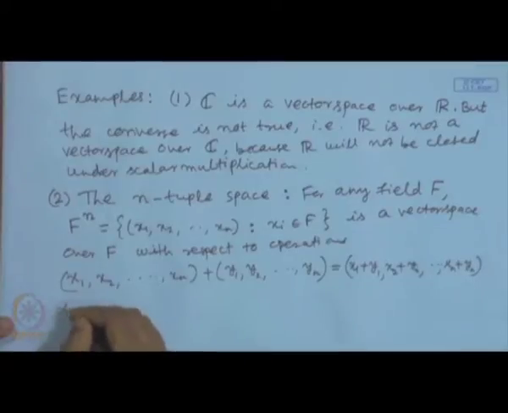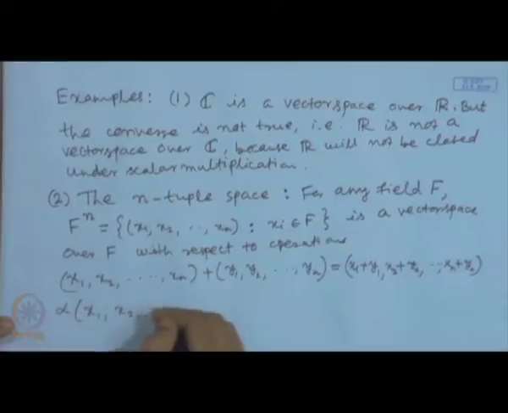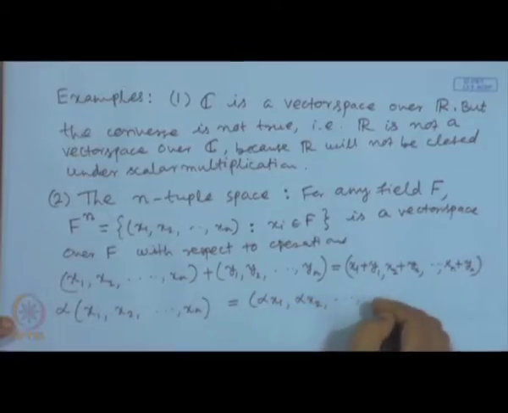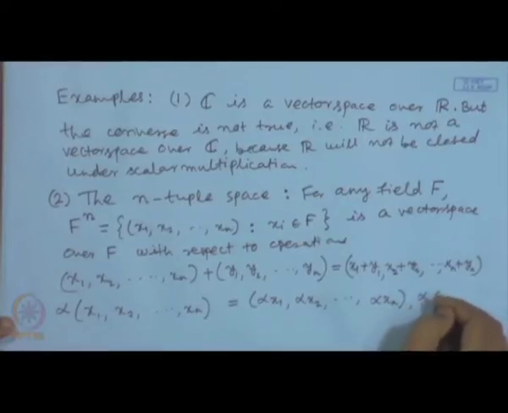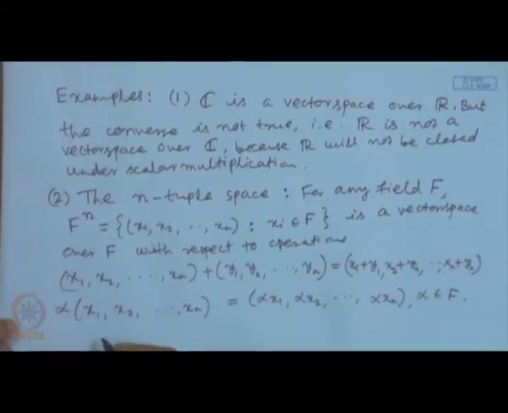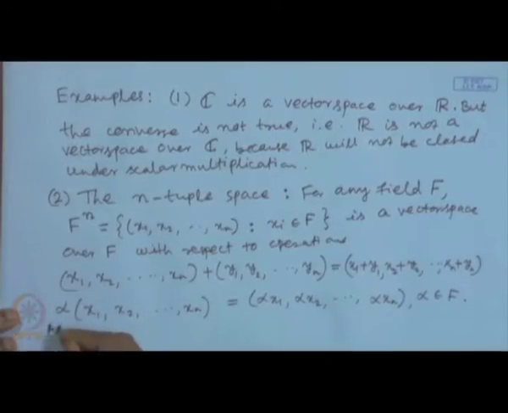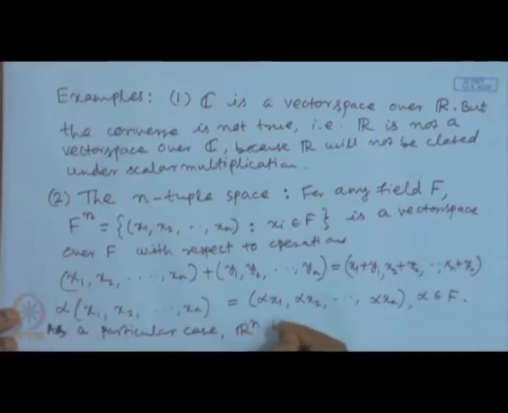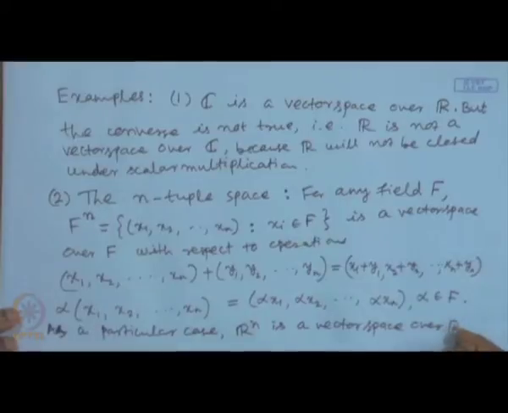And scalar multiplication is alpha times (x1, x2, xn), that is equal to (alpha x1, alpha x2, alpha xn) for any alpha in F. So, here we can observe that this Rn is also a vector space, as a particular case, Rn is a vector space over R. This Rn is also called the n dimensional Euclidean space.